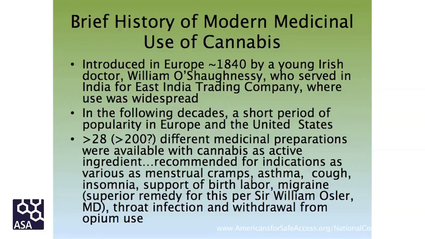So then the other history piece is the fact that in 1840 was the first sort of modern scientific approach by a doctor to study cannabis, by O'Shaughnessy in India.